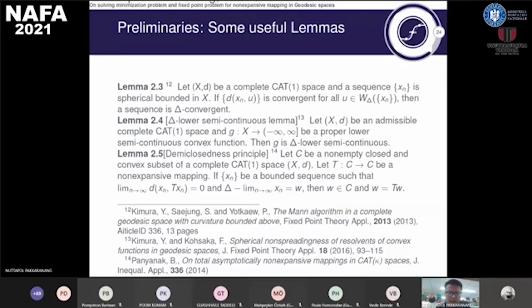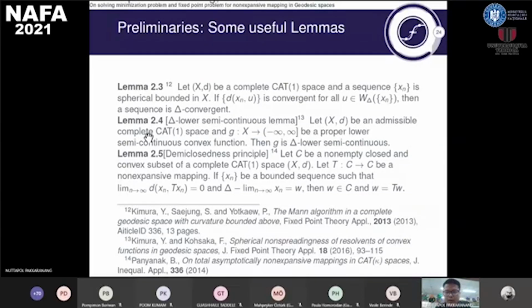Next, Lemma 2.3. Let X be a complete CAT(1) space and the sequence xn be spherically bounded. If the distance d(xn, u) is convergent for all u in the set, then the sequence xn is delta convergent.